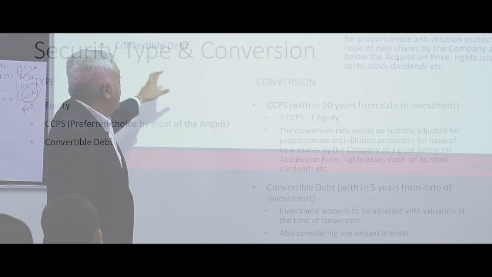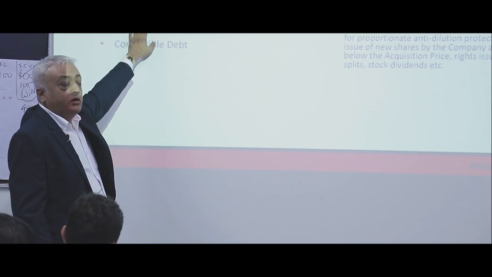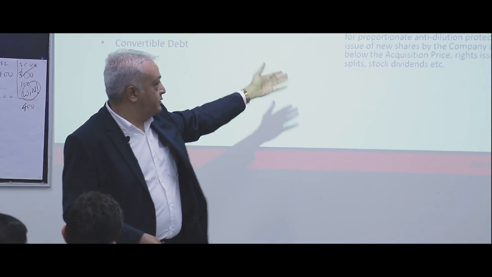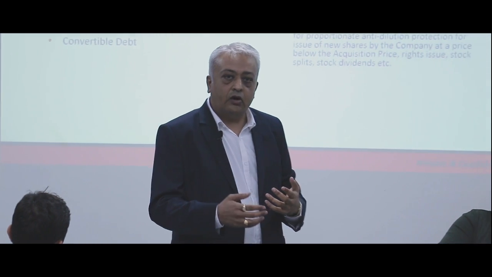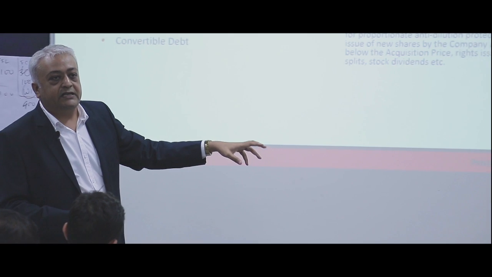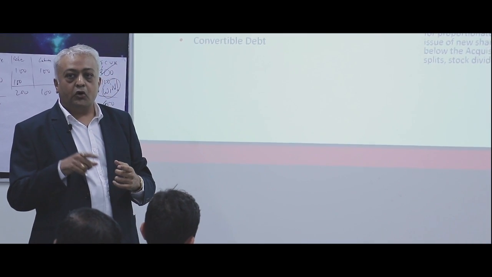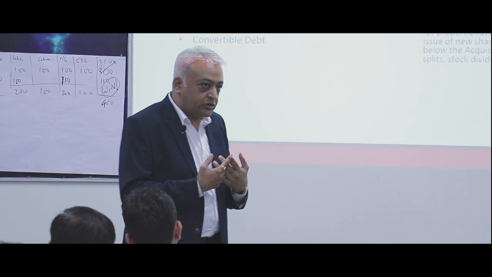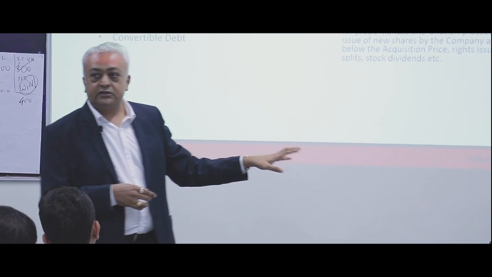This CCPS will always have higher priority and more weightage over and above equity shares. For example, down the line when you have to issue dividends or at the time of liquidation in the company, the CCPS holders, that is your investors, will have first right over this money. If you decide to issue dividends, first you have to clear dividends for your CCPS shareholders.